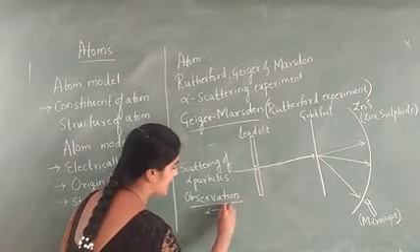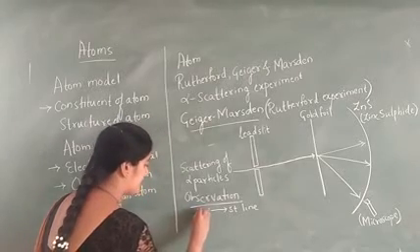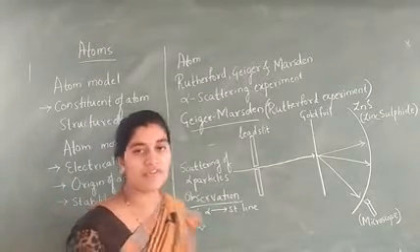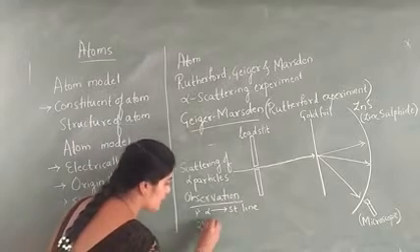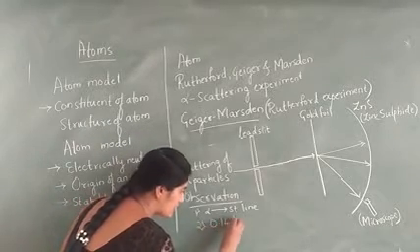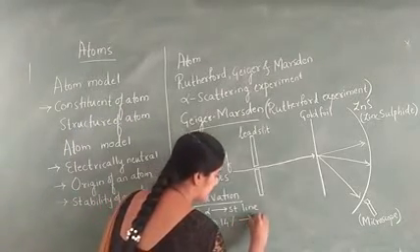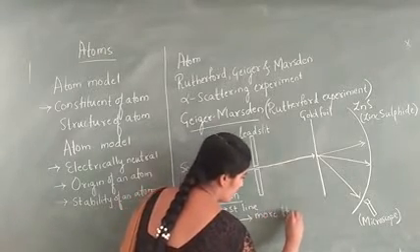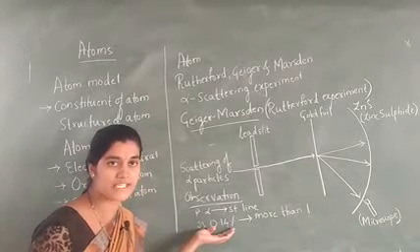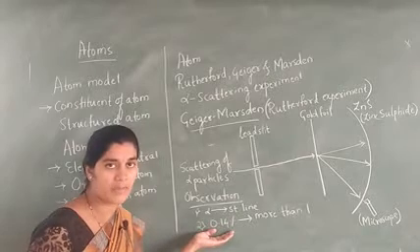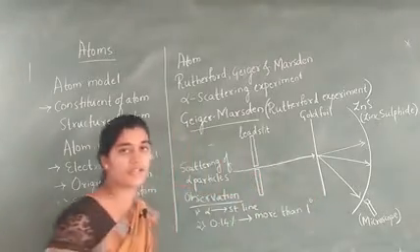Now the second point: only about 0.14% of the incident alpha particles are scattered by more than 1 degree.